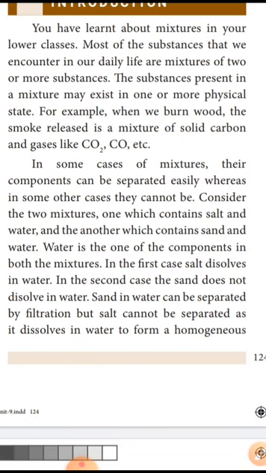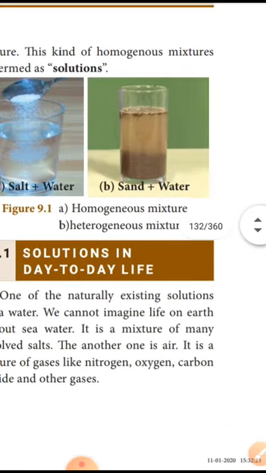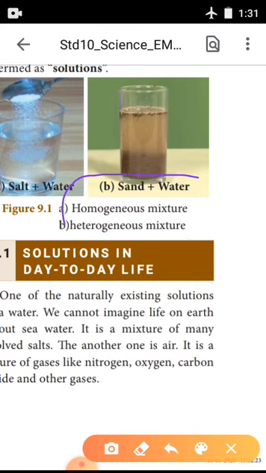One type of mixture is that whose components cannot be separated; in some mixtures, the components can be separated. So based on can be separated and cannot be separated, mixtures can be classified into two types: one is homogeneous mixture, another one is heterogeneous mixture.